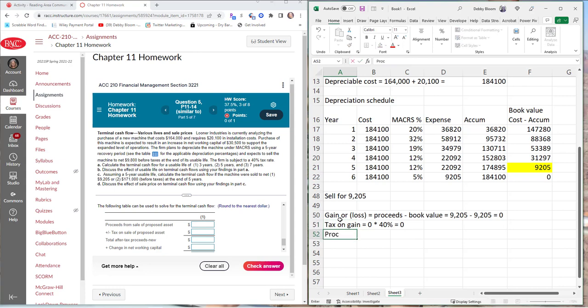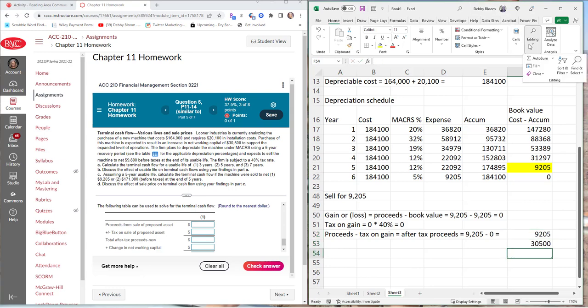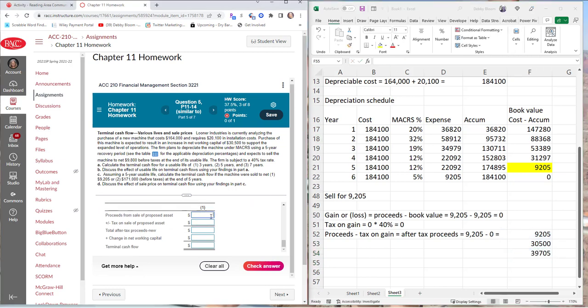Then we take the proceeds, subtract the tax on the gain to get the after-tax proceeds. So in this case, we just take $9,205. Because we sold it at book value, there's no gain or loss. So we subtract our zero tax. So we're going to get net $9,205. And remember, we still have to release the working capital of $30,500. So in this case, $39,705, terminal cash flow.